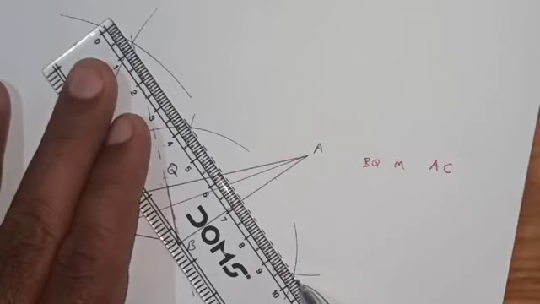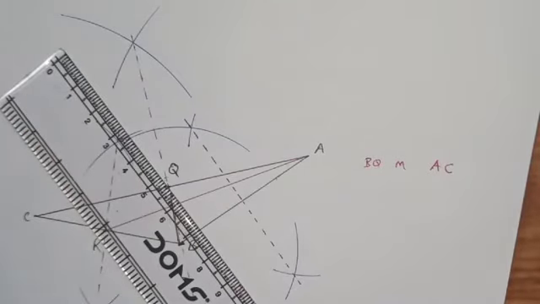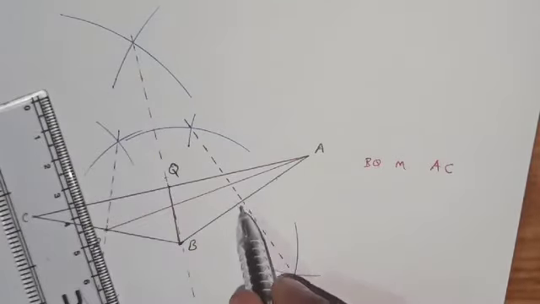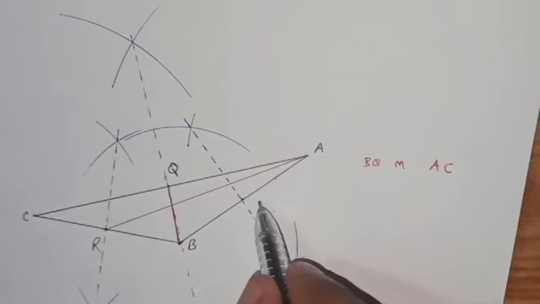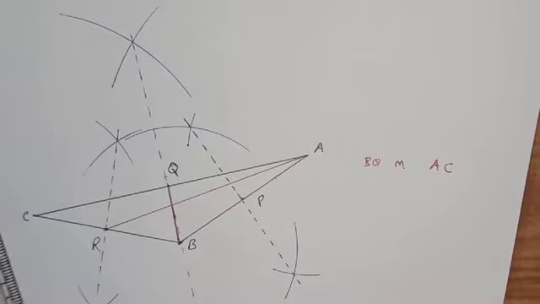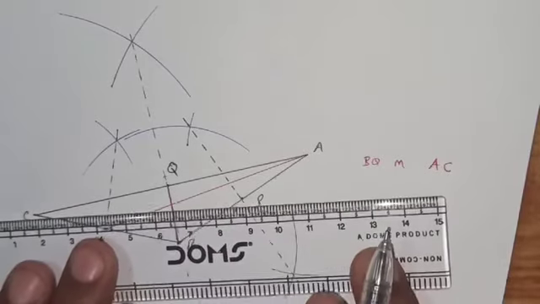You have to use a pencil whenever possible. Okay, so this is point, let it be point P, so join CP now.